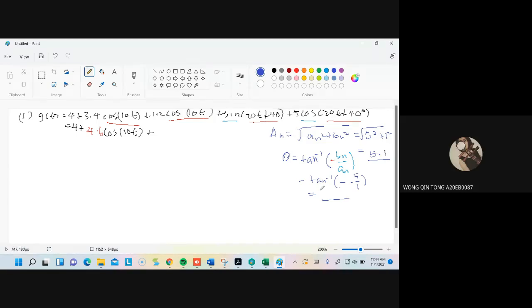Okay, how about theta? Negative 78.7? Wait, it should be 11.3, if 11.3 is inverse tangent of negative 1/5. Oh, negative 1/5, sorry, it's 1/5. Okay, 11.3.